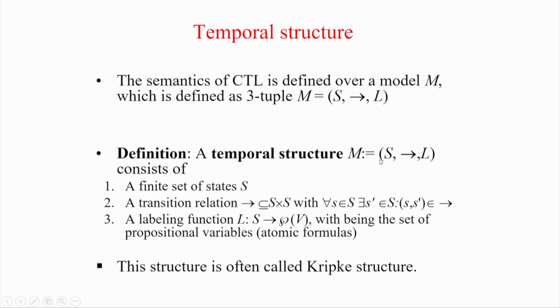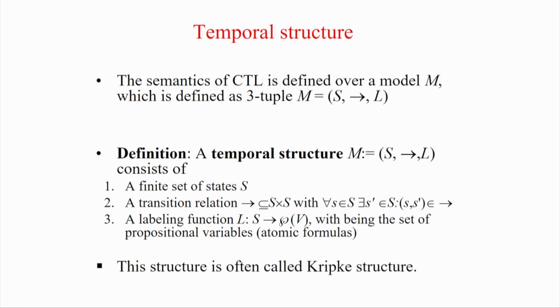Then basically, as I told you, there is a model on which you will be verifying this formula. So there is a Kripke structure, like an automaton, with a temporal structure where you have the set of states and transition relations. Along with that there is something called a labeling function, which is very important.